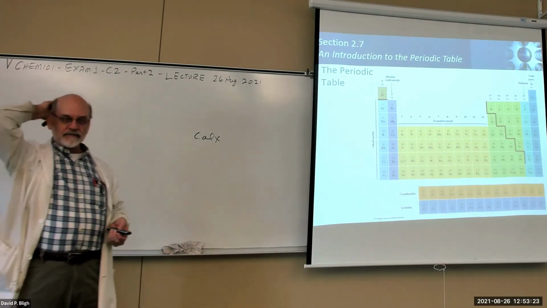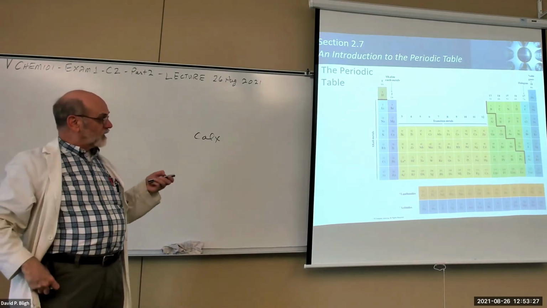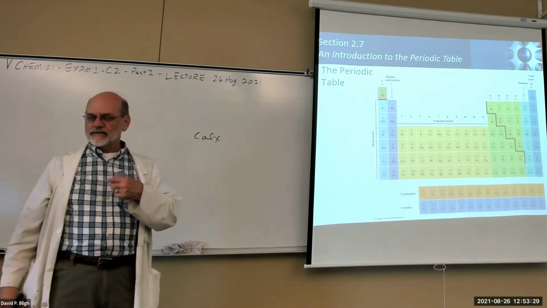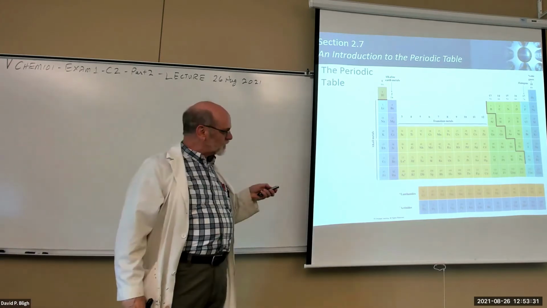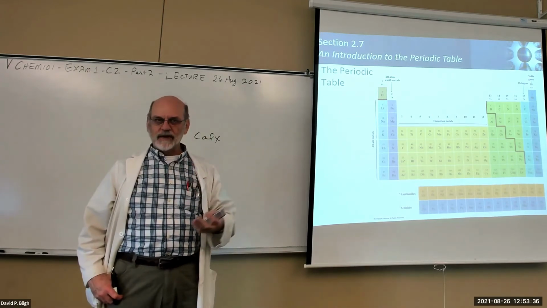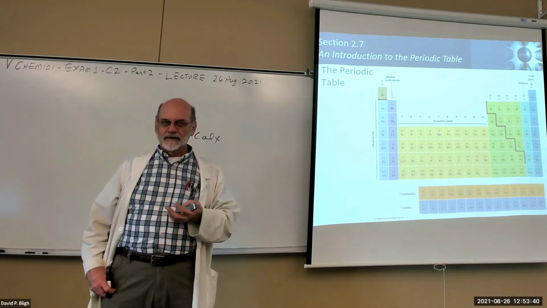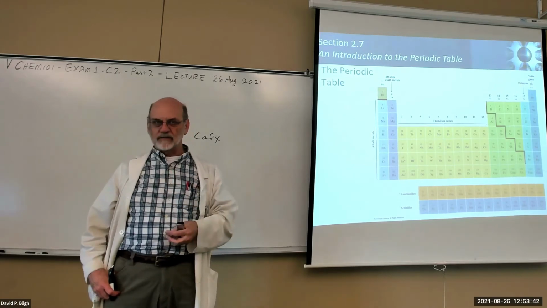Next, we have periods. The rows are called periods. And they're called periods because, and I find the relationship between this period and physics easier to remember, if you've ever had physics, you know about periodic motion. When you hear periodic motion, just think pendulum.